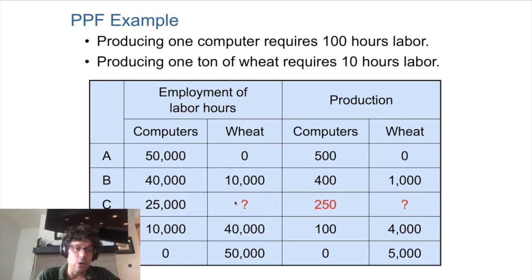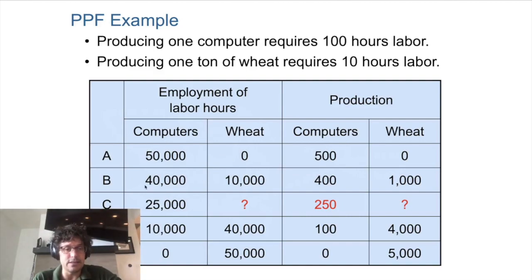The intuition is the following, and I didn't mention it before. The production possibility frontier tells us the maximum amount of two goods that can be produced given their resources and technology. We clearly want to use all the available resources in order to get the maximum amount of goods. Therefore, the sum of labor hours distributed between production of computers and wheat always has to sum to 50,000.